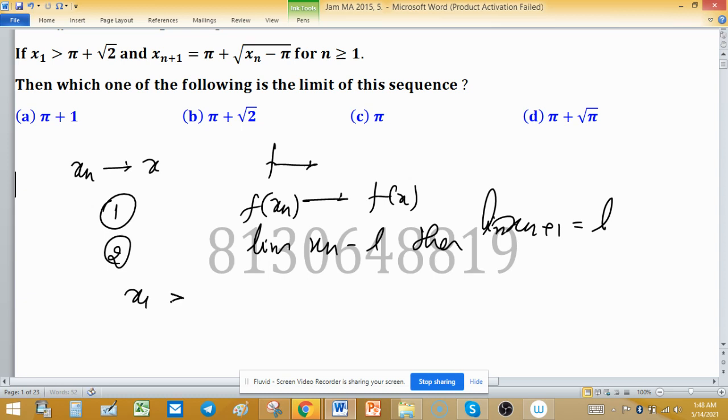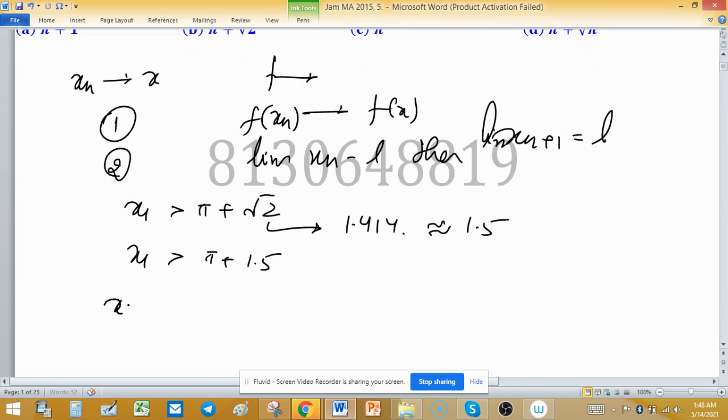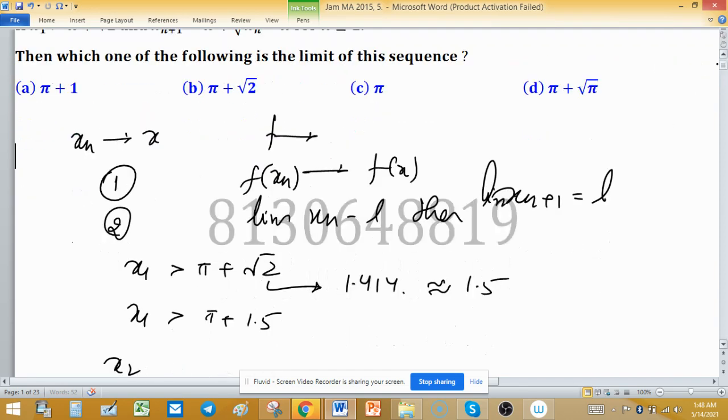As x1 is greater than pi plus root 2, and the value of root 2 is 1.414, or you can say around 1.5, x1 is approximately greater than pi plus 1.5. You can find x2 easily by pi plus square root of xn minus pi.